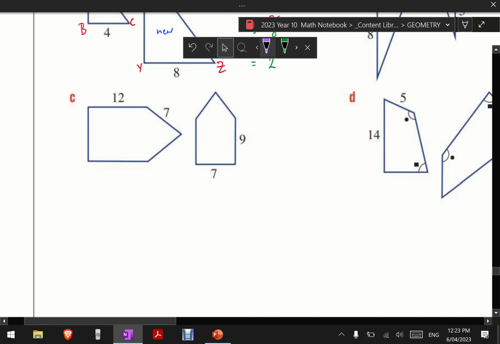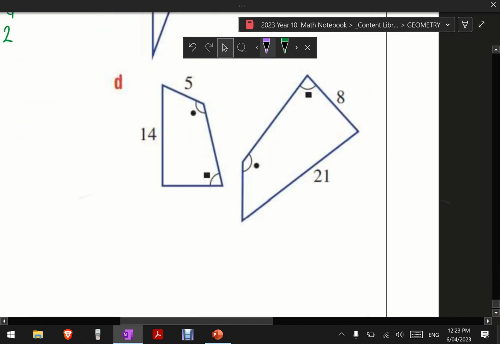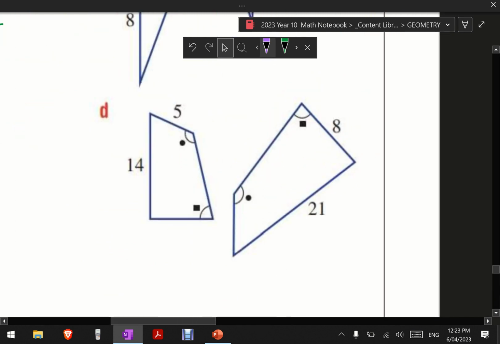Let's try shapes. Ooh, D. D looks a bit tricky. It's a 4-sided shape. We work with 4-sided shapes, but this time I'm going to call this A, B, C, D. Now the naming of these shapes is very, very important, especially in the order that you do it.